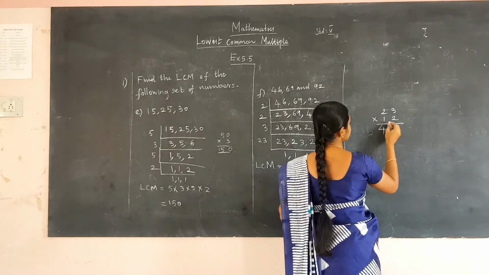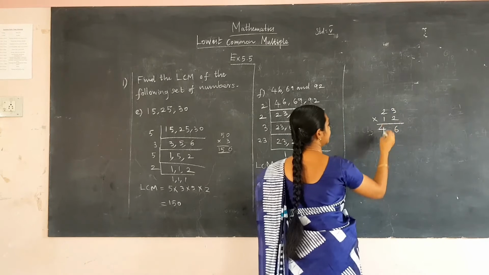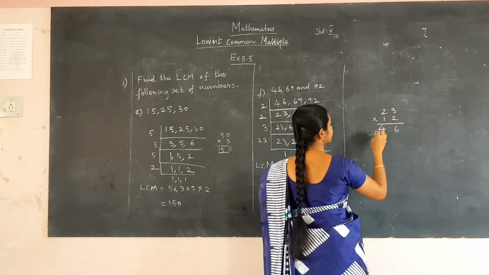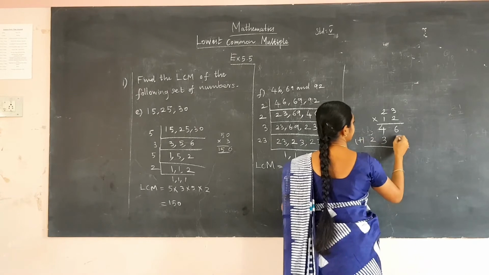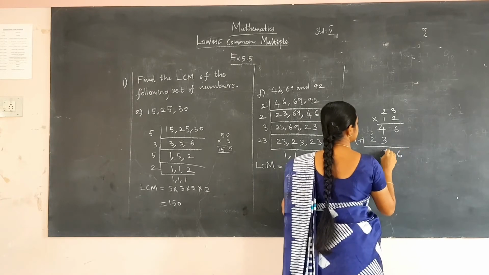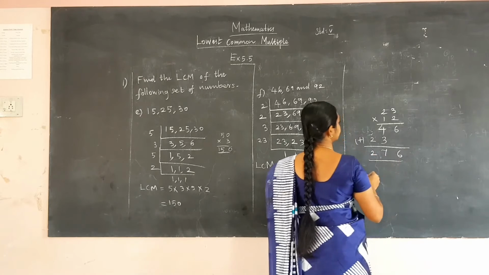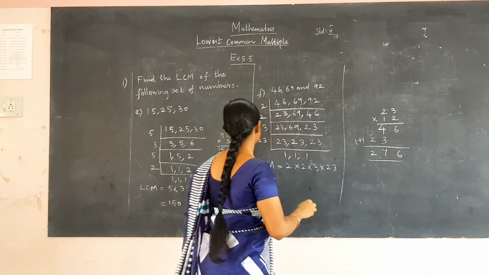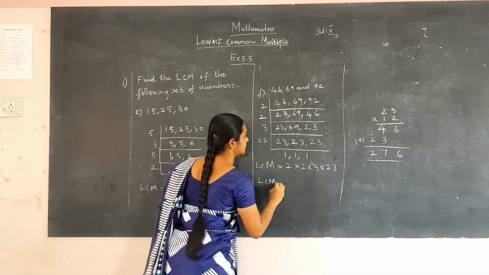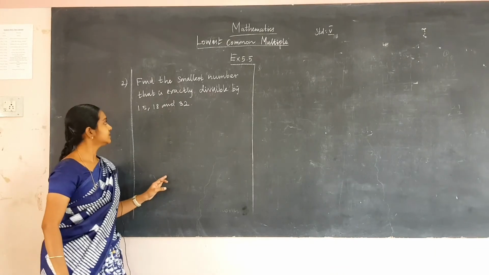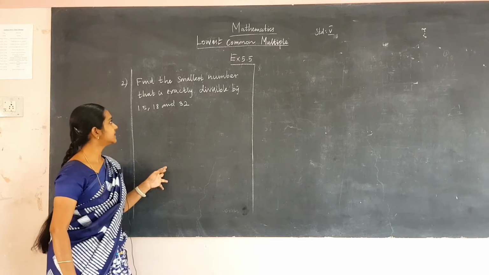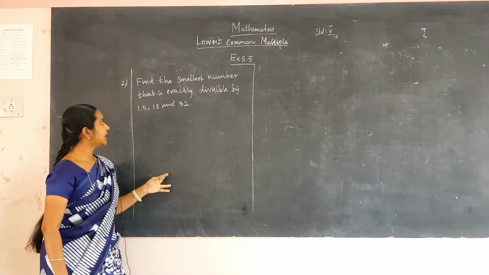Next we are going to write the second line. 1 into 3 is 3. 1 into 2 is 2. Now add all these numbers: 6, 7 and 2. So the LCM is 276.